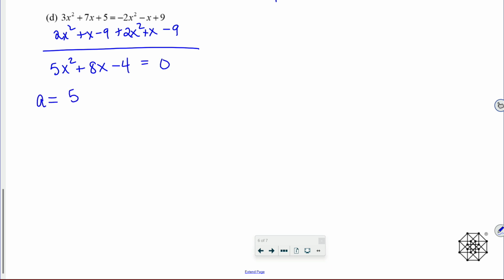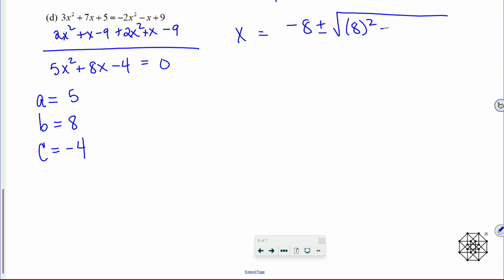I now can say a is 5, b is 8, c is negative 4. X now will be negative 8 plus or minus the square root of 8 squared minus 4 times 5 times negative 4, all divided by, wow, 2 times 5.